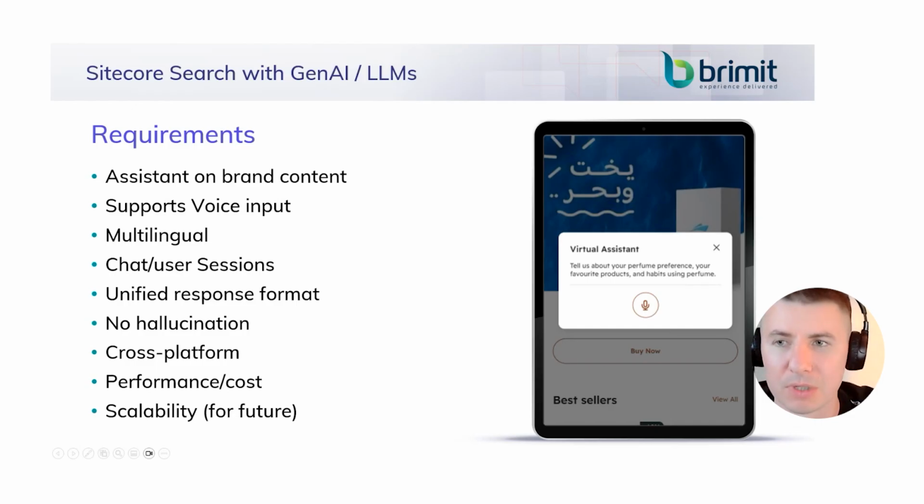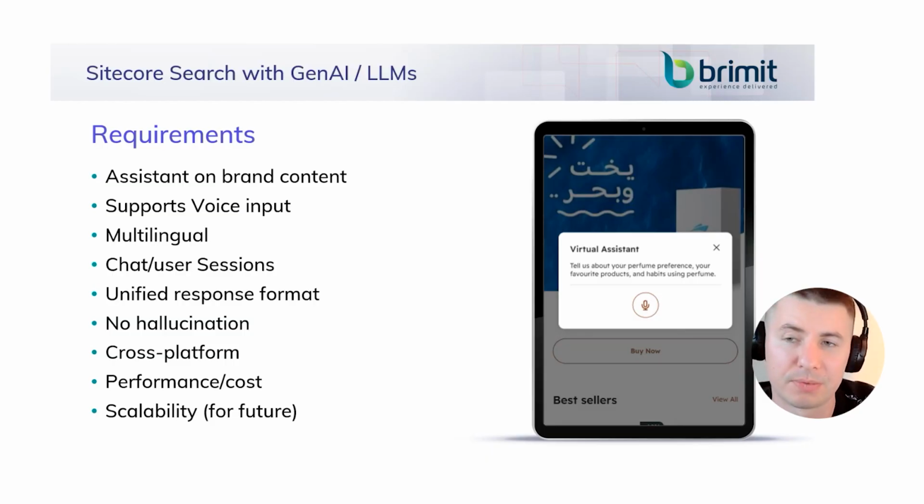It should support voice input for ease of use in mobile applications. It should understand different languages. Each individual user should have their own session and chat history. Also, the assistant response must have a unique output format, just a JSON array of products from our search index that we can use on our front end.